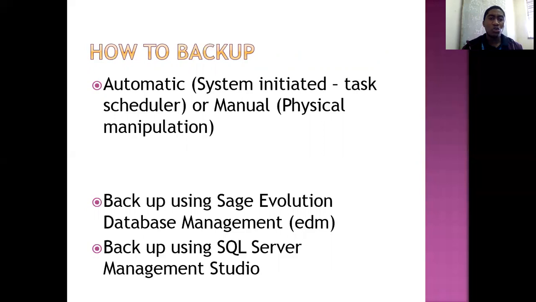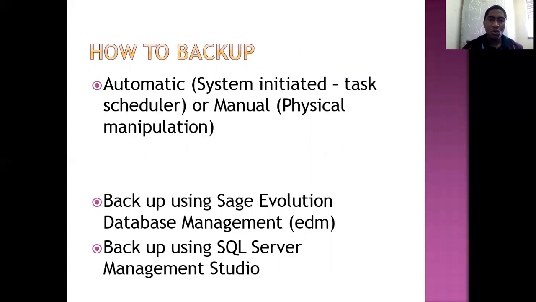At times you can do an automatic backup, whereby you program the backup in your machine or in the system, where it is system initiated. There's a task scheduler whereby you appoint the date and the time, and at that time or date, the backup happens whether you're there or not.